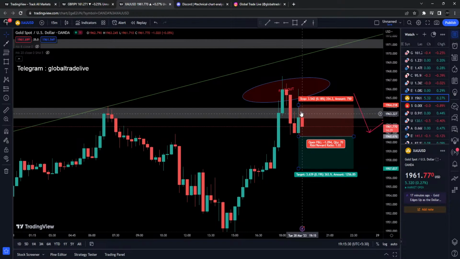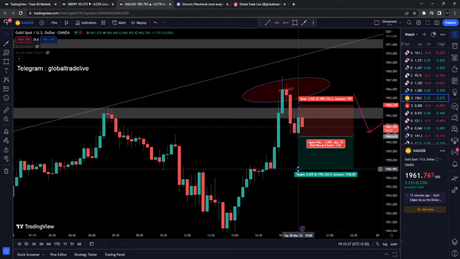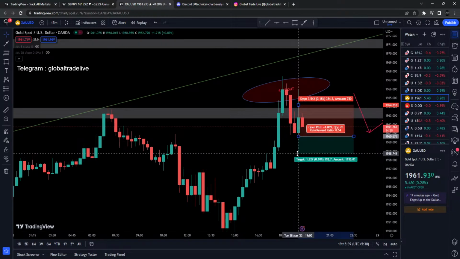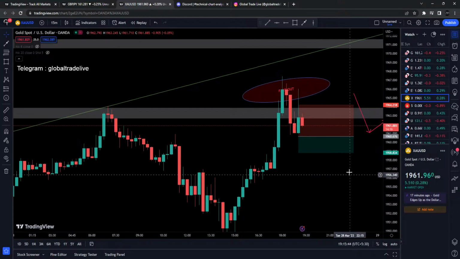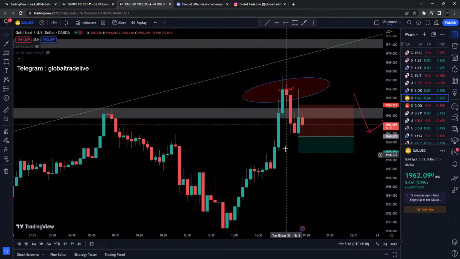In case not, then I'm obviously going to manage the risk, but if it does, then we are going to get a quick 10-15 pips. So my target is not down over here, I'm going to target like 17-18 pips, and let's see what happens.